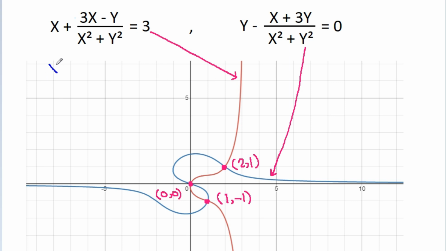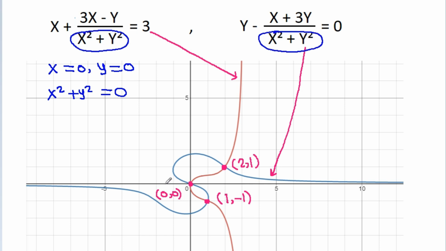But if x is 0 and y is 0, then x square plus y square will be 0 and the denominator cannot be 0, so it is not a solution. So we get two solutions, (2, 1) and (1, minus 1).